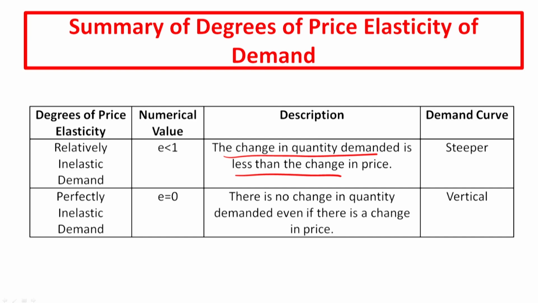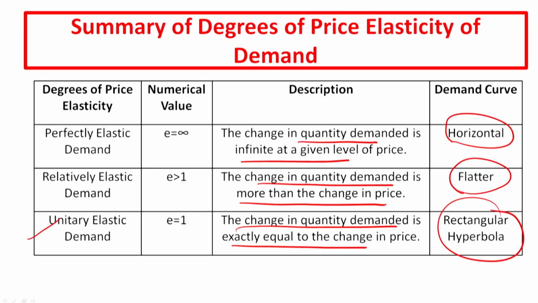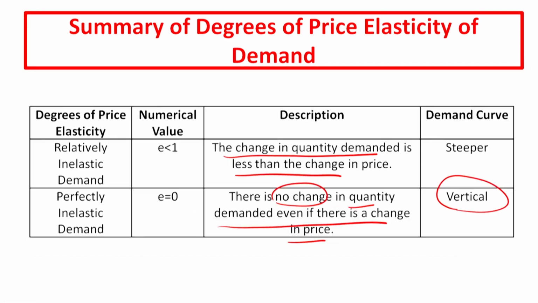And in the last case, perfectly inelastic demand, the elasticity is 0, which means there is no change in the quantity demanded even if there is a change in the prices, and the demand curve here is vertical in nature. So I tried to provide you a gist of degrees of price elasticity of demand.